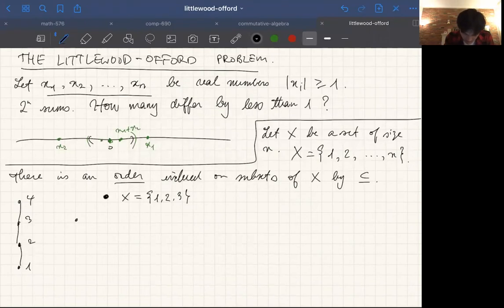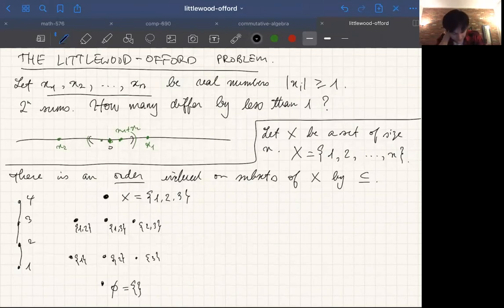And then we have these other subsets here: this is {1, 2}, this is {1, 3}, and this is {2, 3}. And then we'll put those of size 1 here, so {1}, {2}, {3}, and this is the empty set. Sometimes you denote it like that.